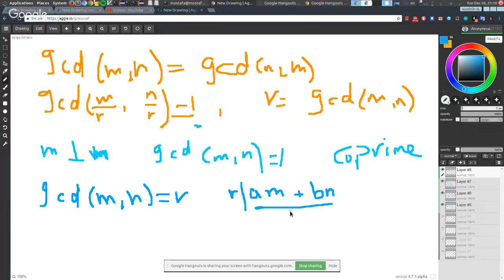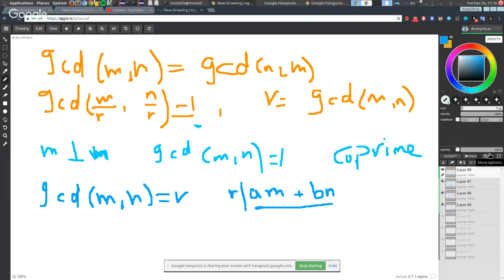I think here we can see why, because R divides the first part and also the second part, because it divides both M and N. We can take R as a common factor in this expression, so basically we can divide by R in this expression. So that's the overall idea.